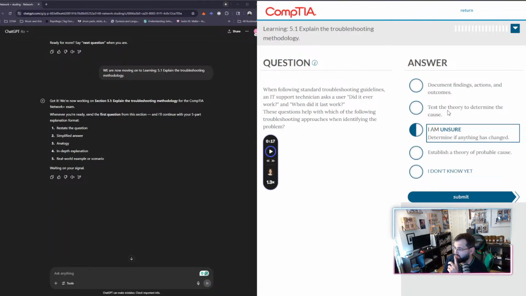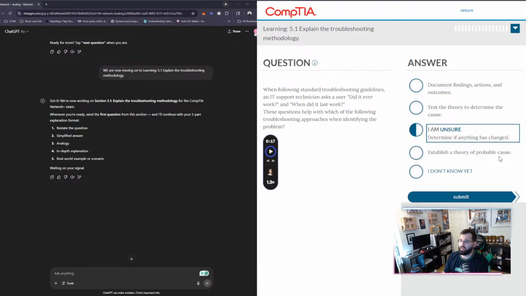Testing a theory to determine? We're not testing a theory yet, and if you are testing a theory at this point, then you have a preconception of the problem, which you might not want to go into. Document findings, actions, and outcomes. Maybe. Establish a theory of probable cause.